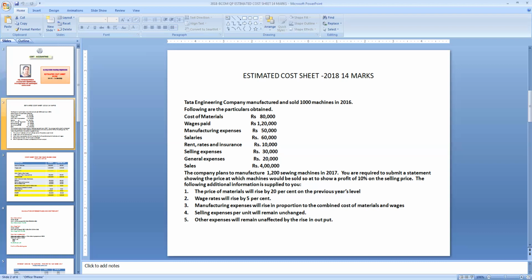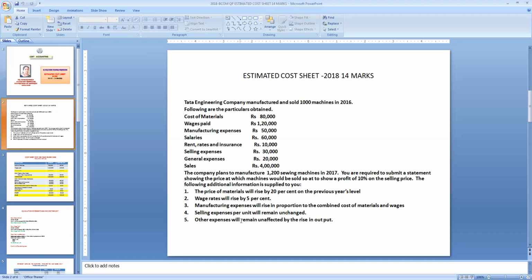The price of materials has to be increased by 20% compared to the previous year, wages by 5%, manufacturing expenses will increase in proportion to materials and wages, selling expenses per unit will remain unchanged, and all other expenses will remain unaffected by the rising output. So these are the details given for the year 2017.